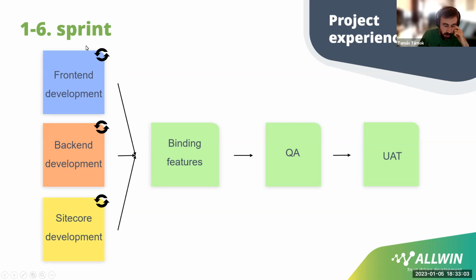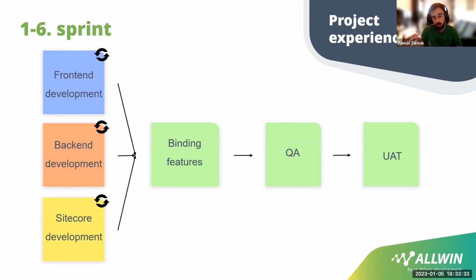So the problem here was that basically until sprint 6, we couldn't finish one story, because there were always too many dependencies and the priority was different on the back end and on the front end. So it was basically out of sync. This was not really good, because the client couldn't see any result for weeks.